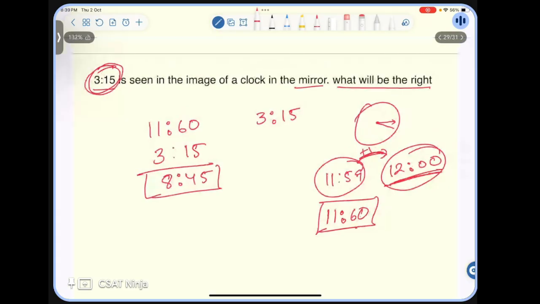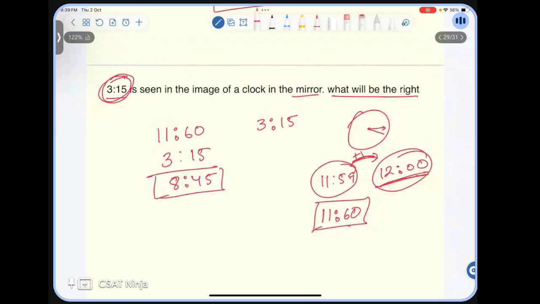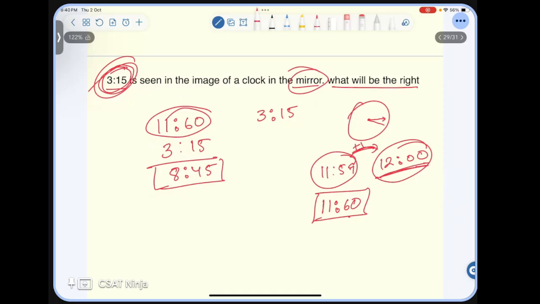Whenever any question is asked based on a mirror, where it may say that there's a clock in a mirror and the time is 3:15, or any kind of time is given, you use this formula. Or it can be asked in reverse as well. In that case, same thing. From 11:60, you just subtract the given time. It will give you the answer.